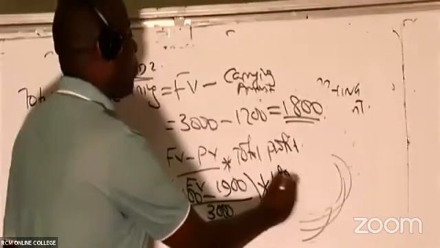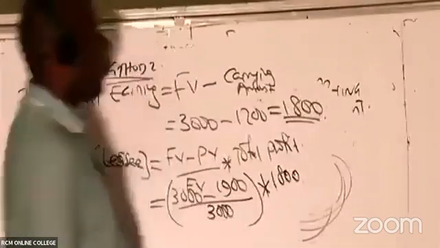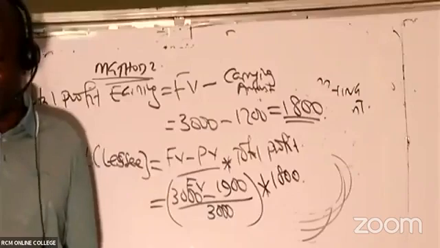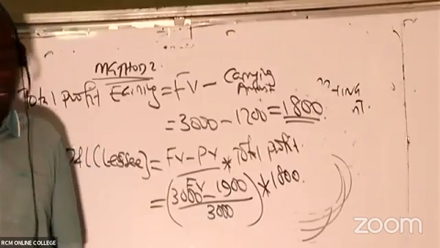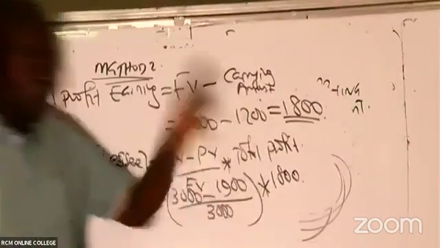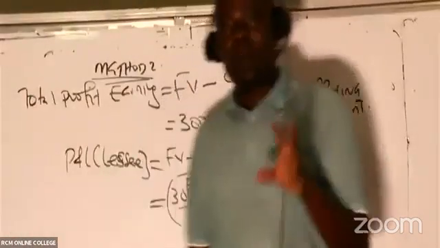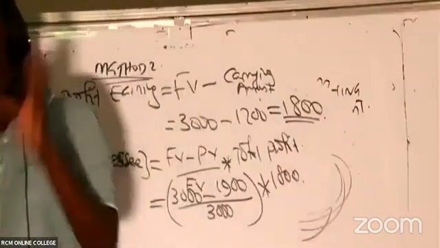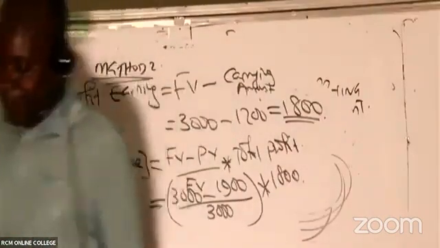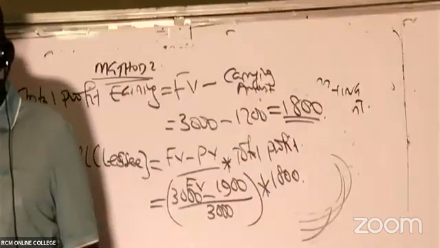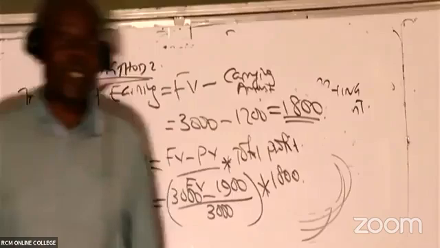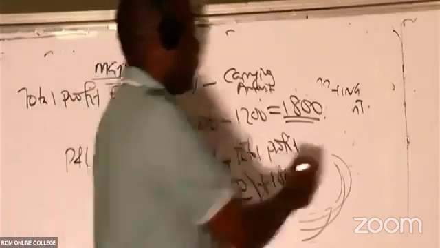Whatever I get, I will multiply with the total profit, which is 1,800. If I'm correct, I should be able to get that 660 exactly. If I'm not correct, I'll get some other different figure. Yes, somebody's getting 660.